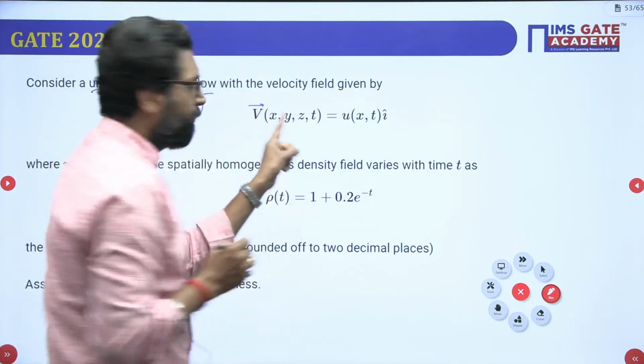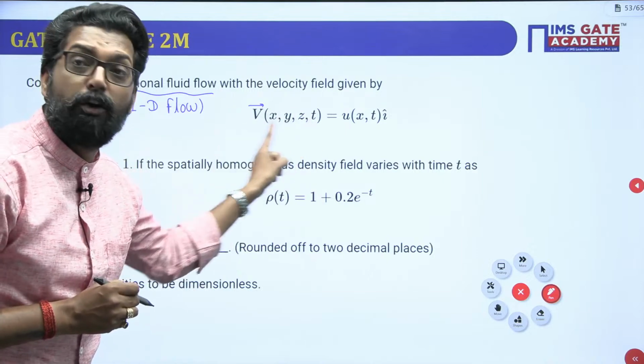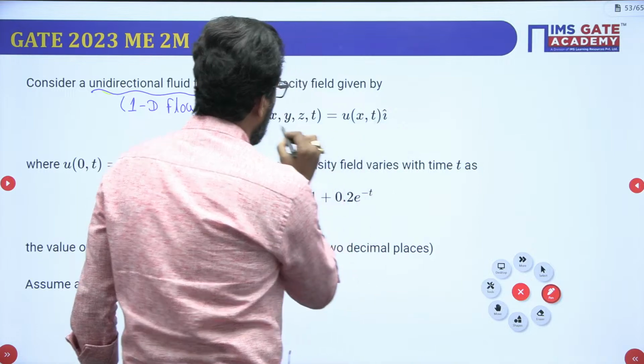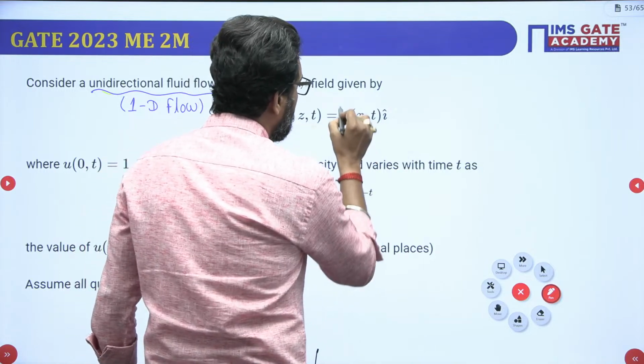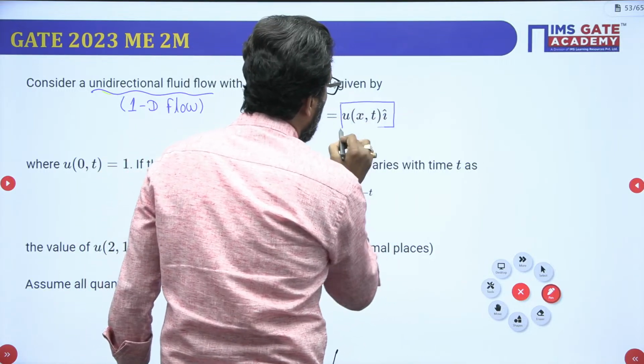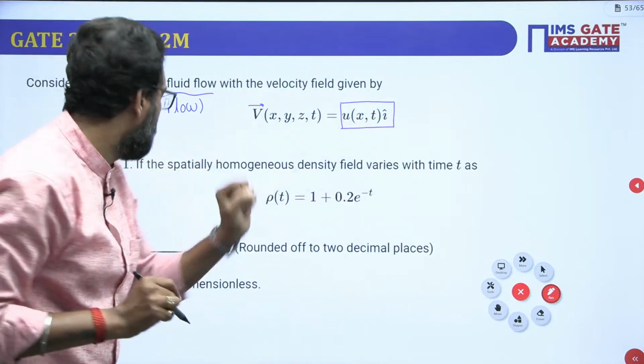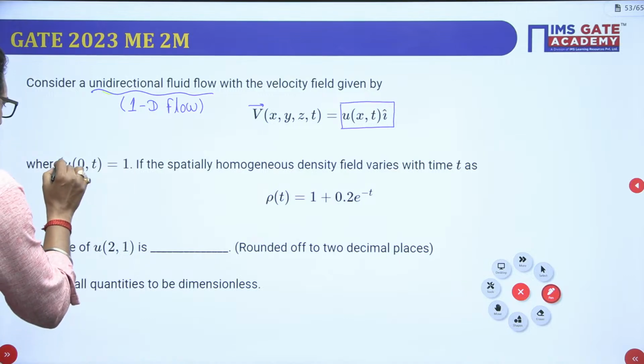This is your velocity field, in the Lagrangian and Eulerian approach, and it is only a unidirectional function. That means this velocity field has only the u component in the i direction, one component.